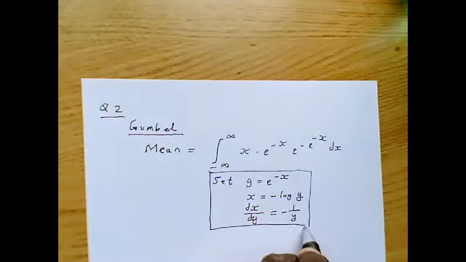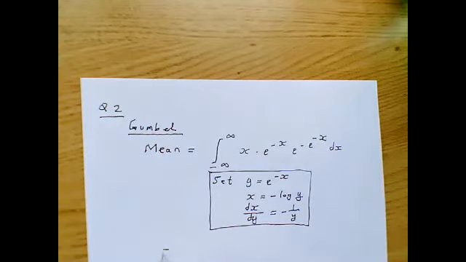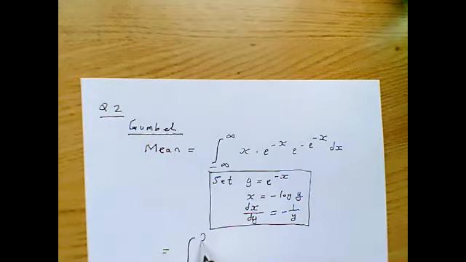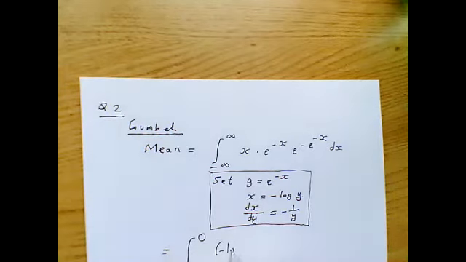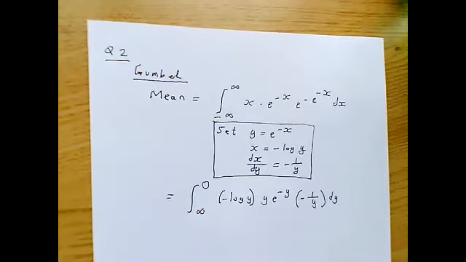Now you should sub this into the above. You will get minus infinity. Under this substitution will go to plus infinity. Plus infinity will go to 0. Okay, like this.